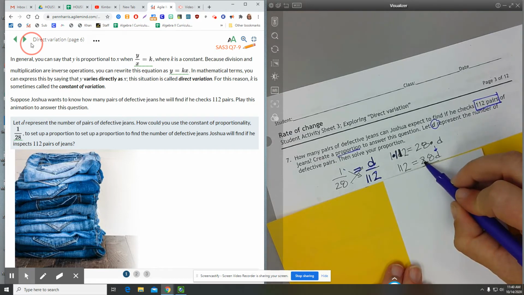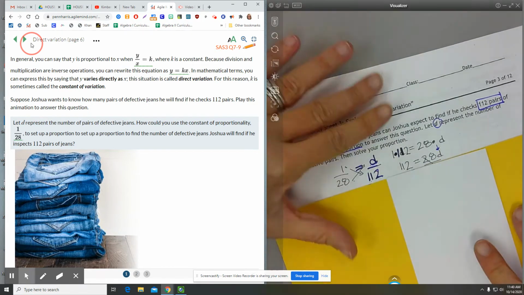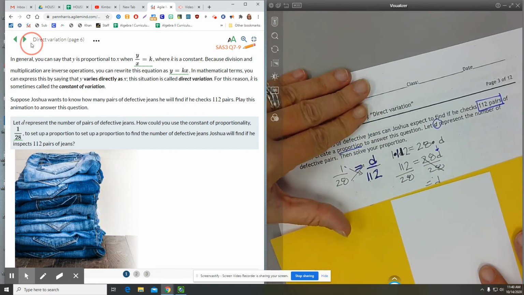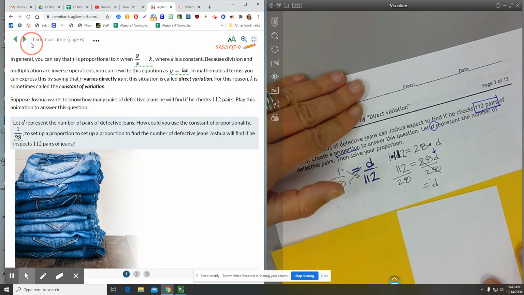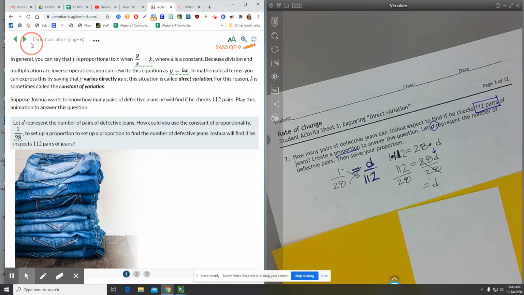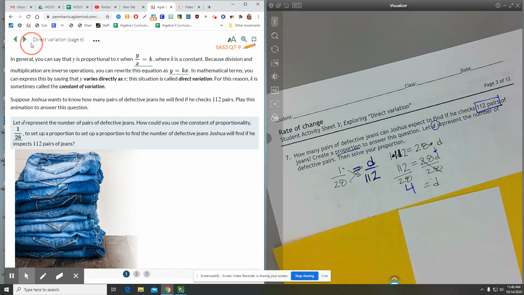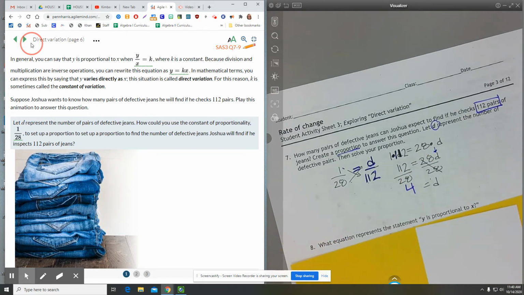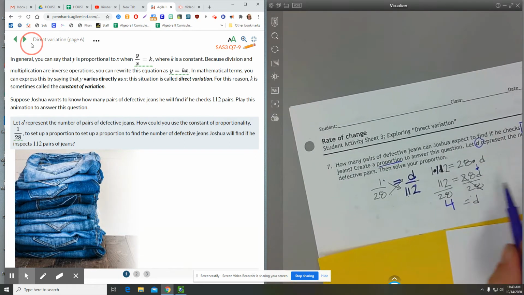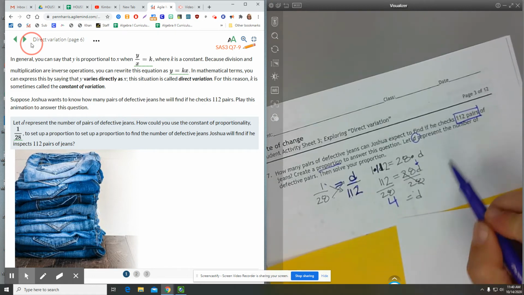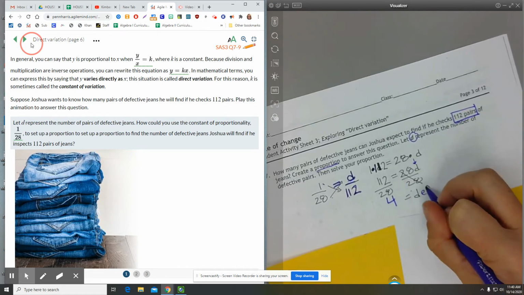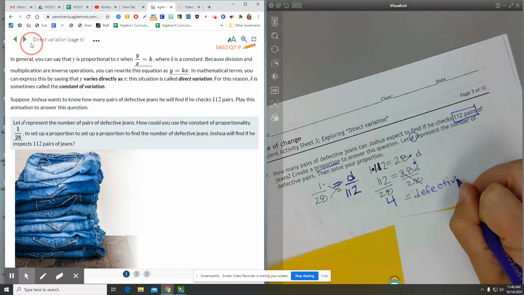This is multiply, so we do the opposite, and we divide each side by 28. And we find that when we do that math, 112 divided by 28 equals 4. If he inspects 112 pairs of genes, he will find 4 defective pairs.